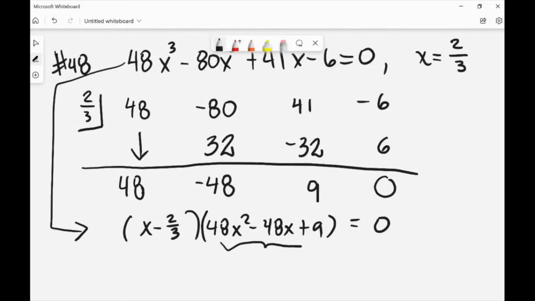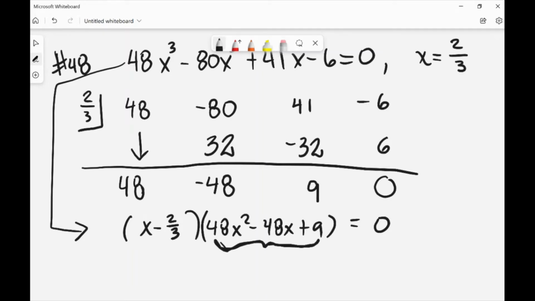Let's factor this. What do you think we need to do first to factor 48x squared minus 48x plus 9? We have to get out the calculator for that one? What do you think we can do first to help us out here? Because those are some big numbers. Anything you see we can do first? Find the GCF. Kenyatta says get rid of the 48 somehow.